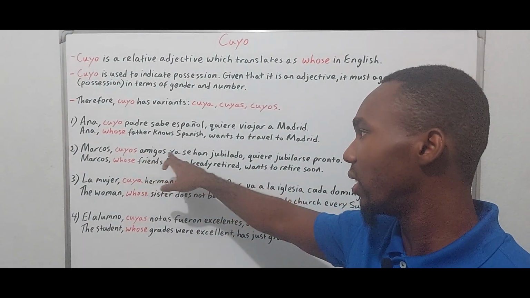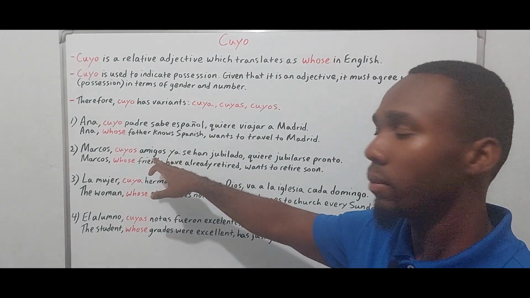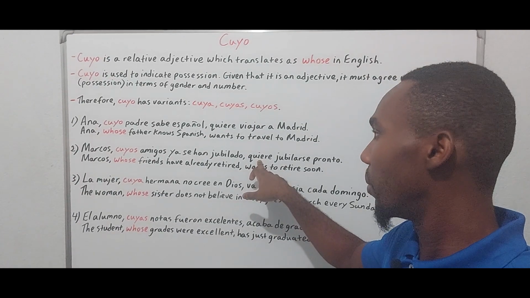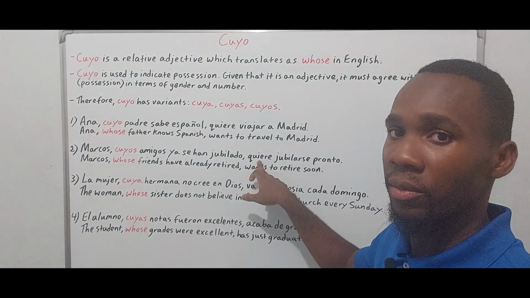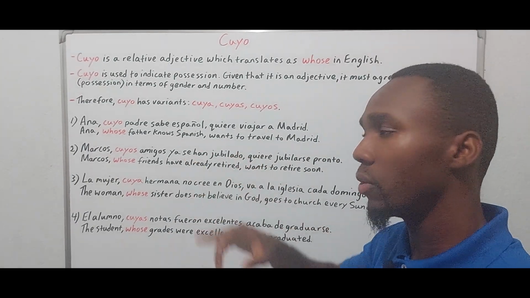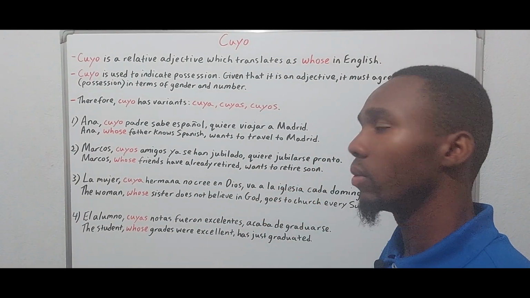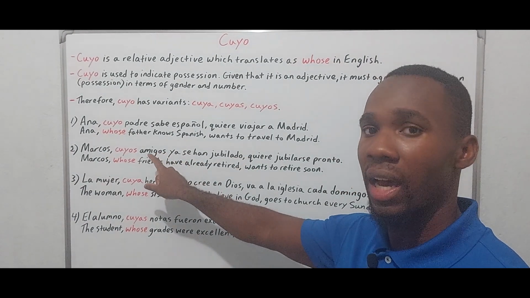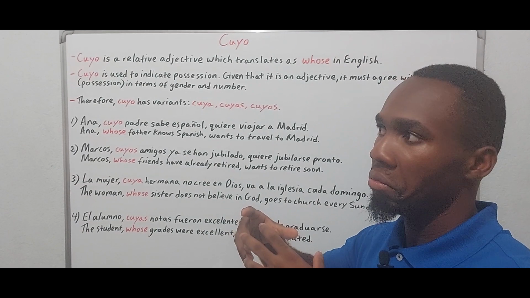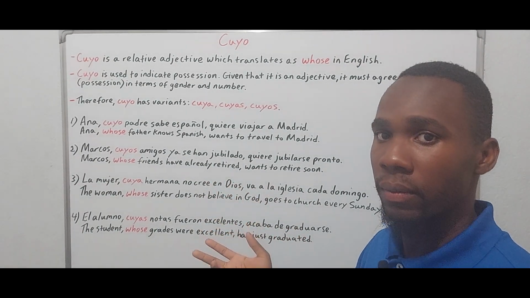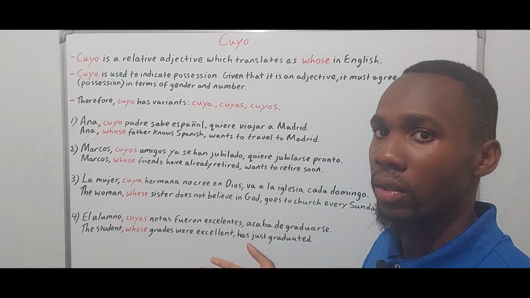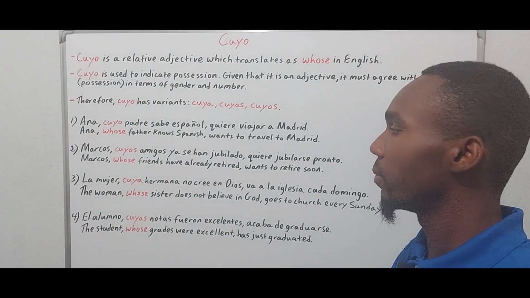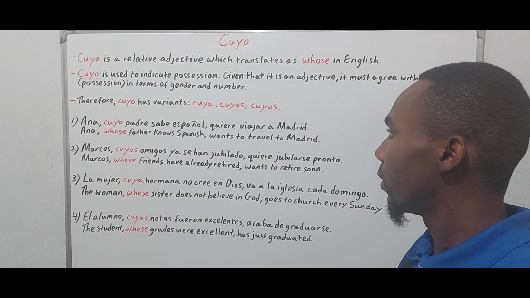Remember that this is just additional information, right? So always remember that the verb will agree with the subject. And because we're talking about Marcos, we have quiere. We will not say quieren because this does not agree with amigos. Amigos is just extra information. So quiere has to agree with Marcos. Muy bien.